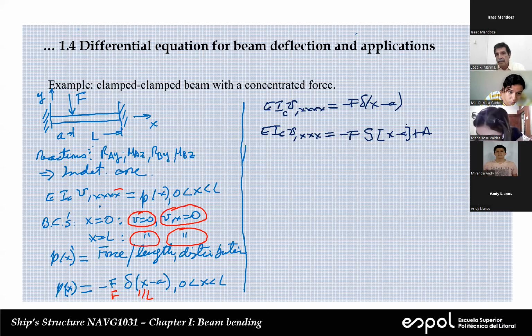Okay. So this constant is equal to EI V comma 1, 2, 3 at 0, and also minus the integral of this at 0. So all of this evaluated at 0 is this.